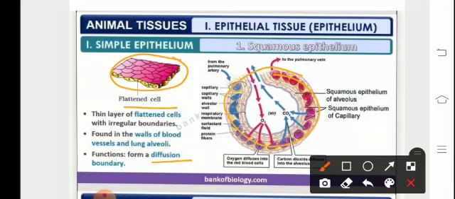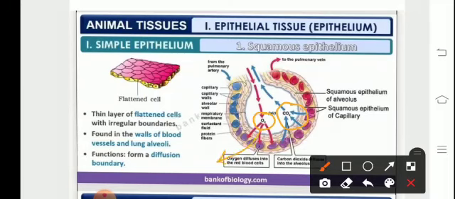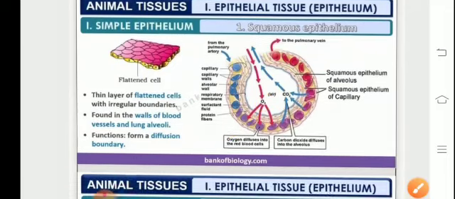In the diagrammatic representation, we can see the gaseous exchange being facilitated. The alveoli are rich in oxygen, so the oxygen will diffuse into the blood, and the carbon dioxide from the tissues will move through the alveoli, through the lungs, and be expelled out by the process of exhalation.